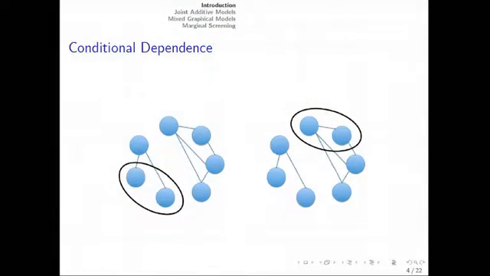We can represent these relationships in a graph. For instance, in the bottom left, two nodes that are not connected by an edge are conditionally independent. On the top right, a pair of nodes connected by an edge are conditionally dependent.